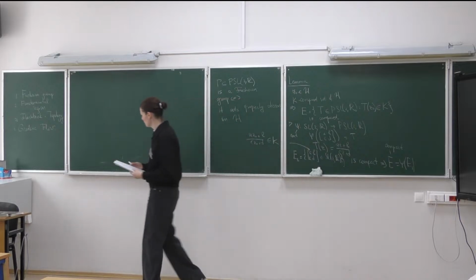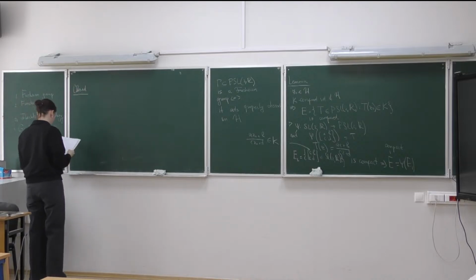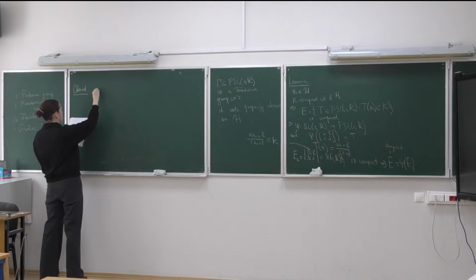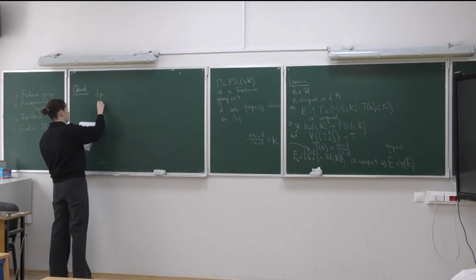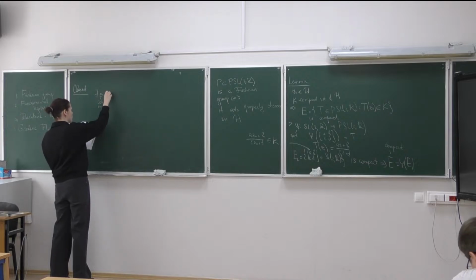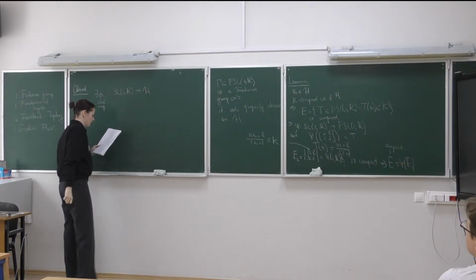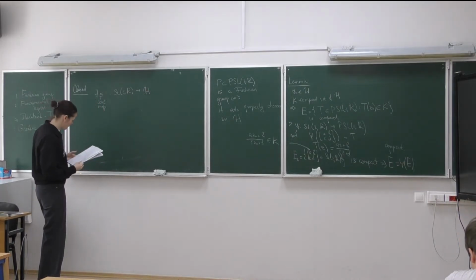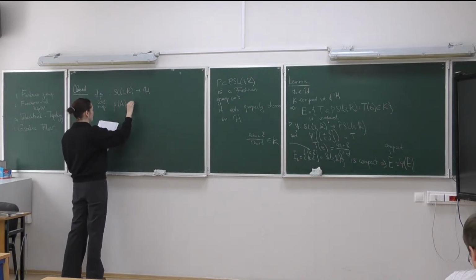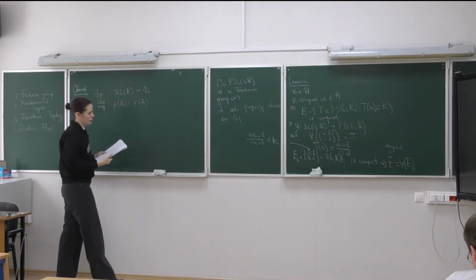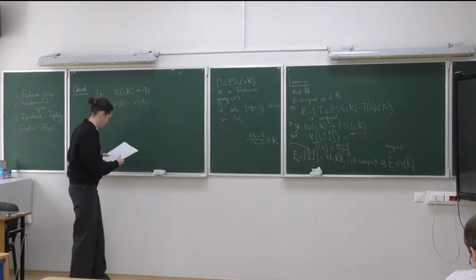So let's check that it's closed first. What does it mean to be closed? We take a continuous map from SL2R to our favorite hyperbolic plane, and it acts as follows. It takes a matrix, we compute the transformation like this one, and then we apply it to Z0.